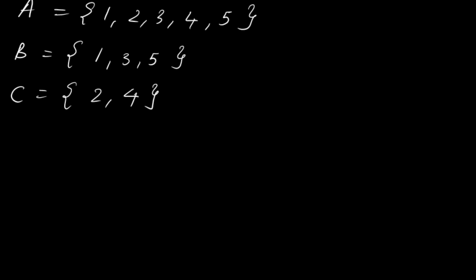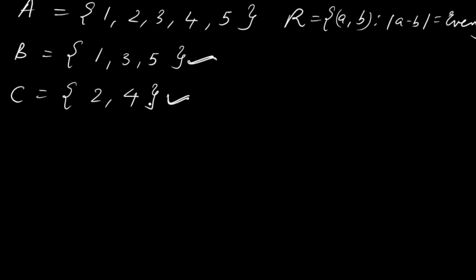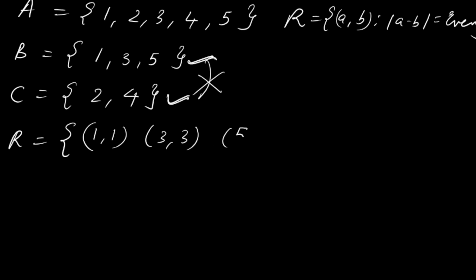So what we have to prove for this relation, (a, b) such that |a − b| is even, is that only these elements are related to each other, and only these elements of the other set are related to each other, but elements of set C are not related to elements of set B. Why? Because if I take the relation, I can choose ordered pairs like (1, 1), (3, 3), (5, 5).